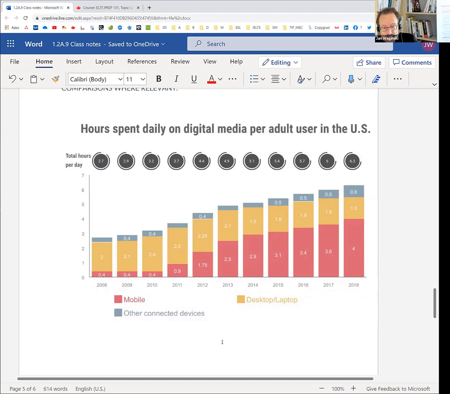If the percentages you find difficult to calculate, use fractions. Fractions might be easier in this case. So for 2008, what is the fraction of time spent on digital media using a mobile device?